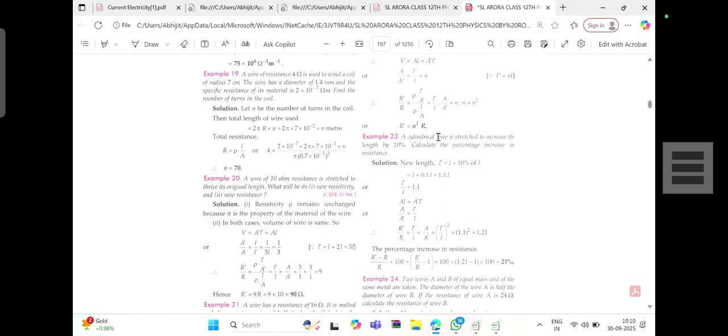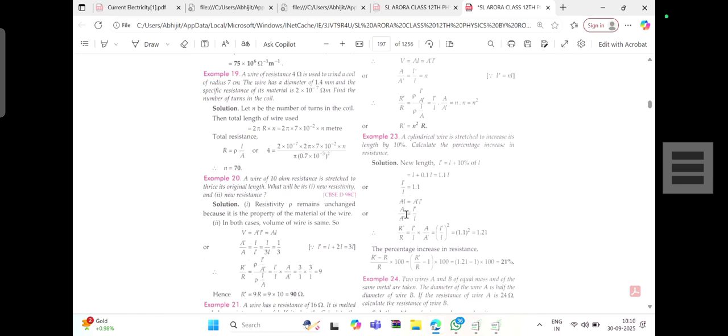And if I increase the length of this conductor, yet the volume of this conductor remains constant. That was already discussed in our previous lecture. That is the implementation of this concept here.